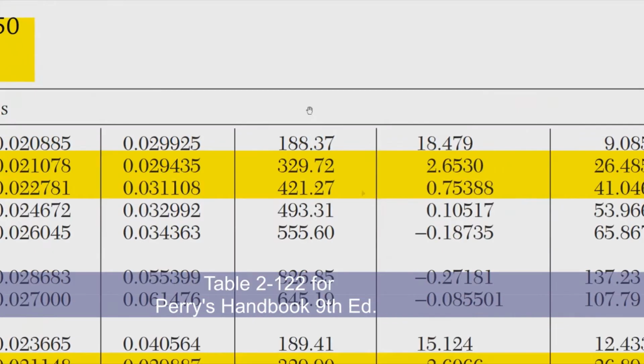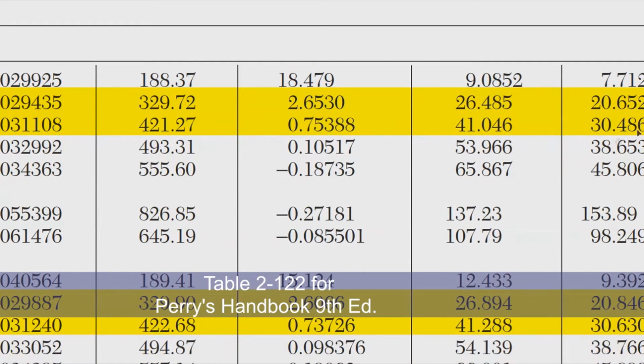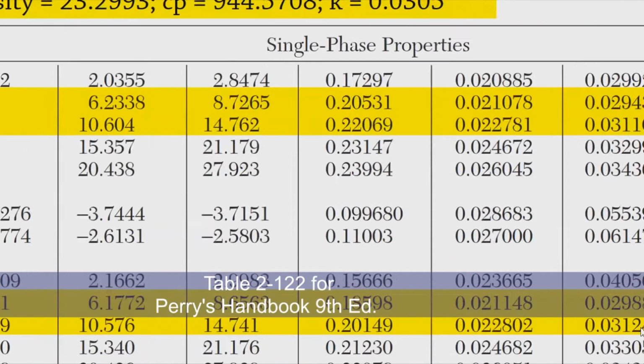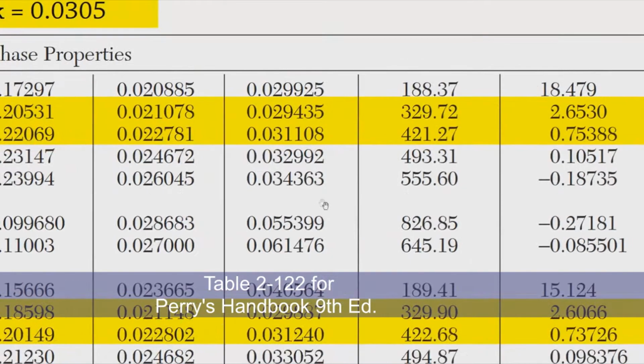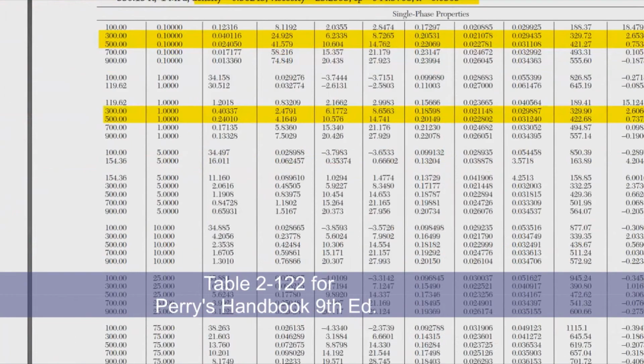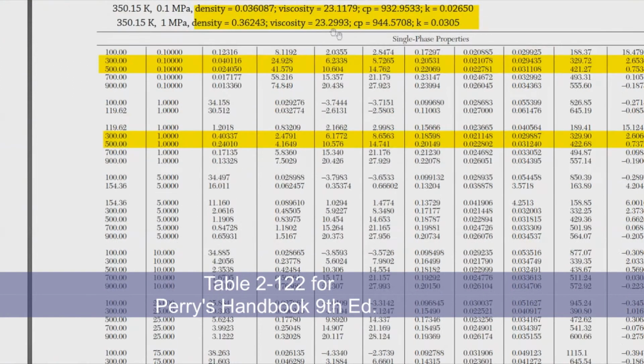The last portion here would be the values for, I think it's thermal conductivity, and yeah, viscosity, sorry. So this will be the viscosities, and this one will be the thermal conductivity. So you just have to interpolate there, and you'll be able to get these answers.